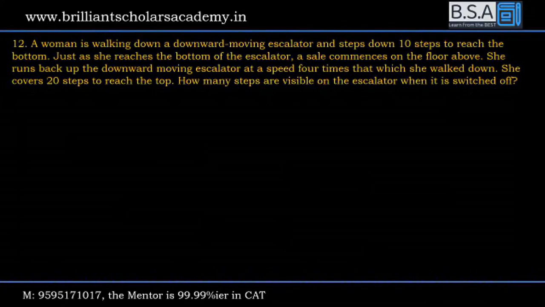She runs back up the downward moving escalator at a speed 4 times that at which she walked down. She covers 20 steps to reach the top. How many steps are visible on the escalator when it is switched off?